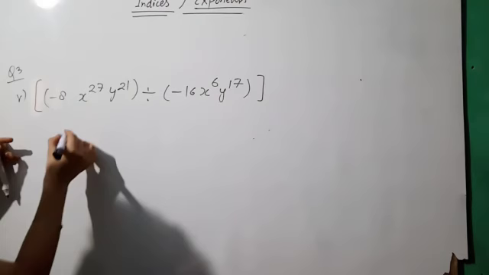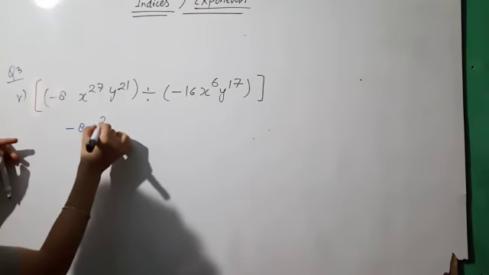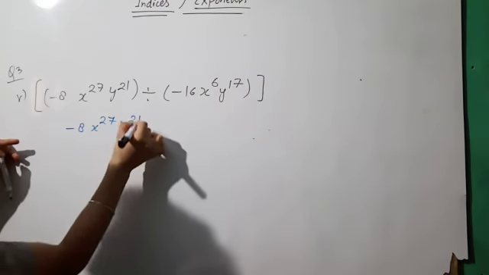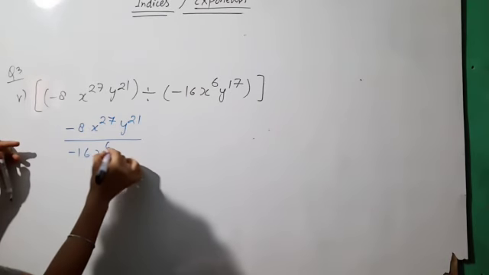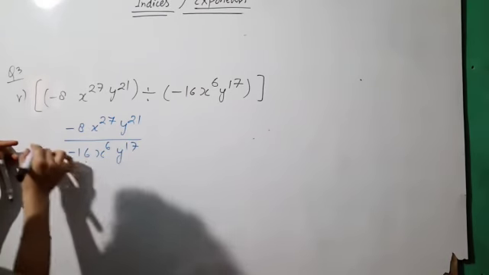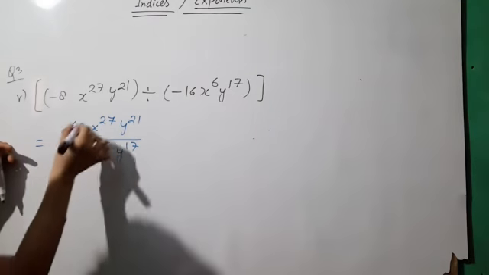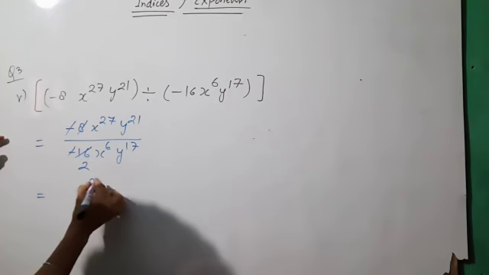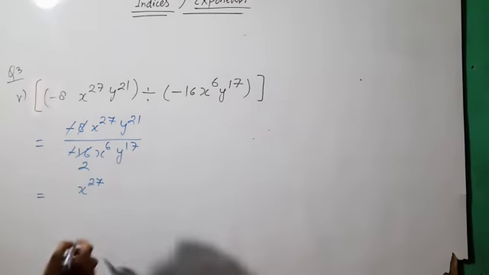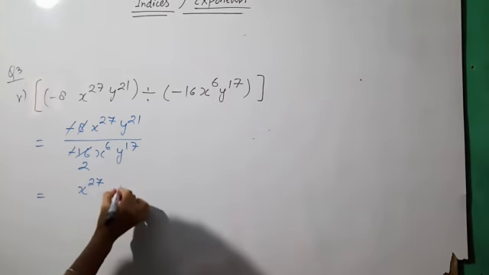So we have minus 8 x to the power 27 and y to the power 21 upon minus 16 x to the power 6 and y to the power 17. First cancel minus with minus, 8 into 16, so 2. Now x to the power 27 with x to the power minus 6.